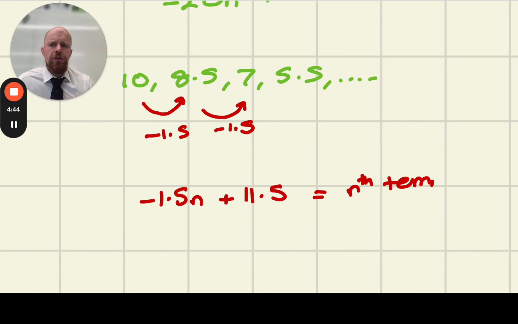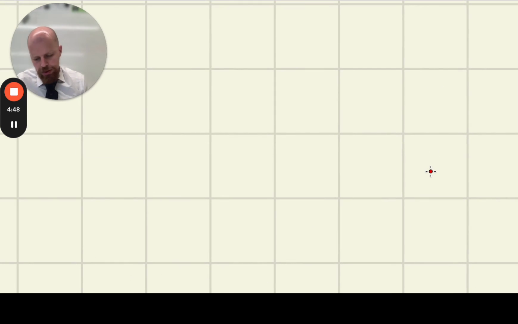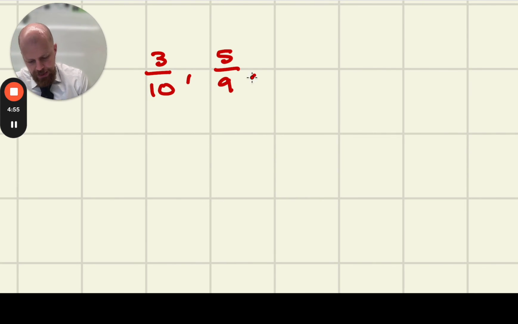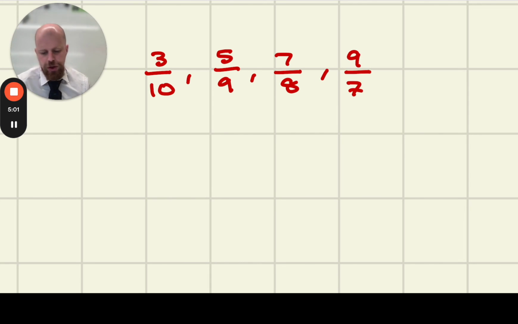The last one I'm going to show you is to do with fractions. Now, let's say I've got 3 over 10, 5 over 9, 7 over 8, 9 over 7, and so on. Now, what a lot of people try and do is they try and convert it to decimals, and they try and work out a pattern from that.